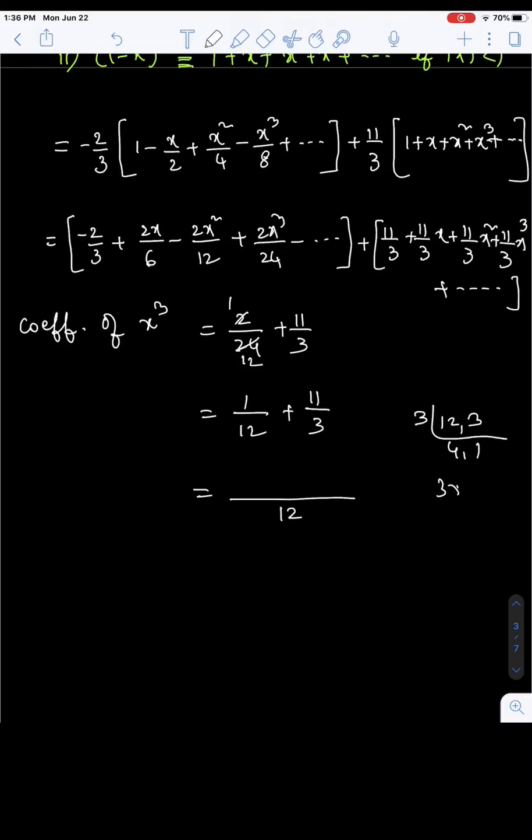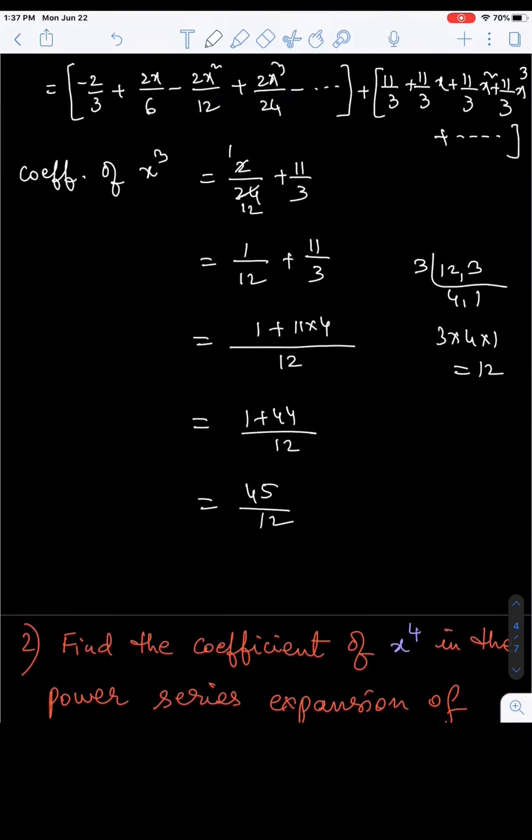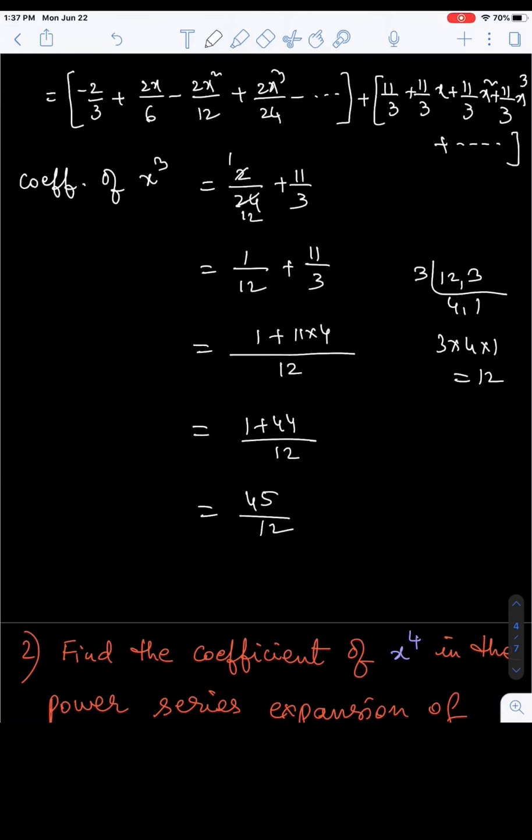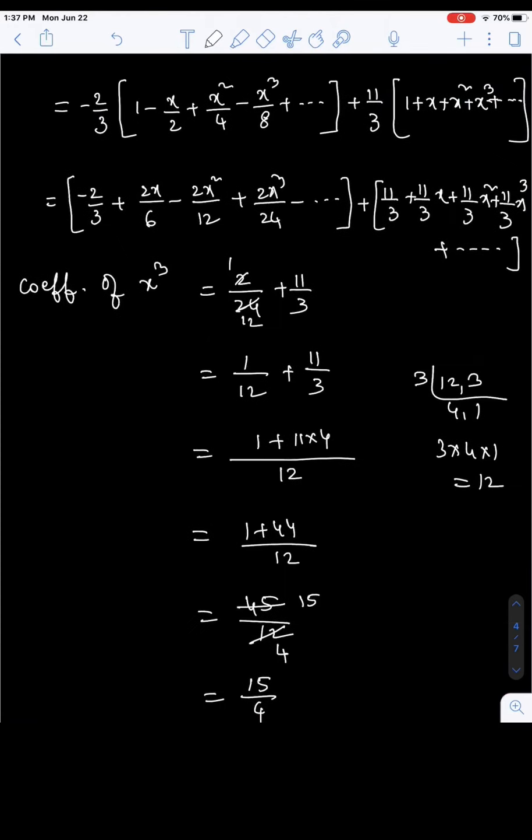What is the LCM of 12 and 3? 12. So 1 plus 11 into 4, 1 plus 44, 45 by 12. 45 by 12, cancel it by the 3 table: 3 4s are 12, 3 15s are 45. So what is your answer? 15 by 4.